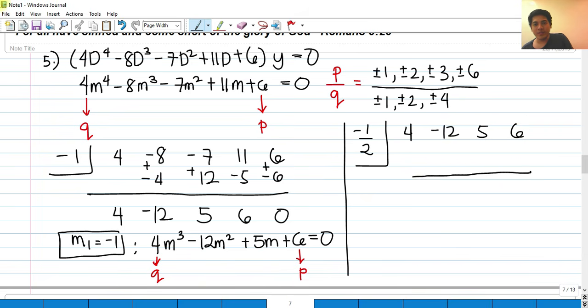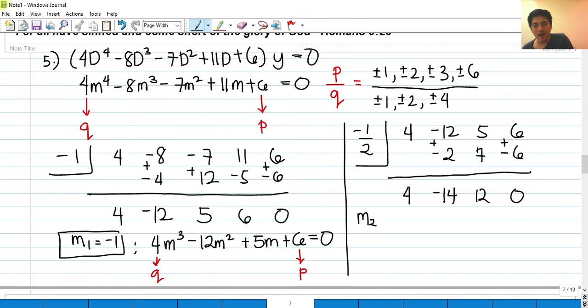The very first thing is we're going to bring down this and multiply this by this. 4 times -1/2 is -2. We add this to -12, we have -14, and -14 times -1/2 would be +7. We have 5 plus 7 is 12. And of course, 12 times -1/2 is -6, such that if we add this, that would be 0.